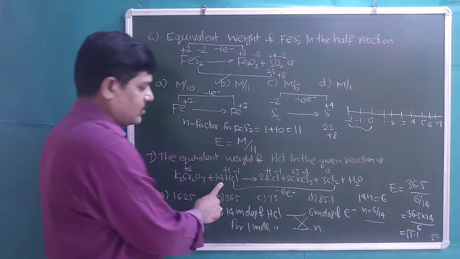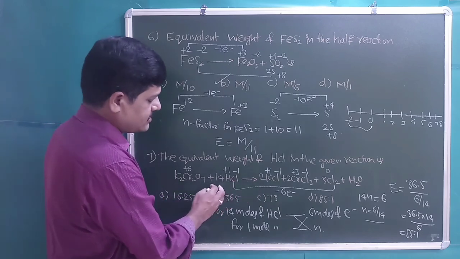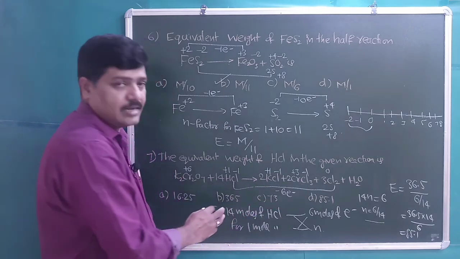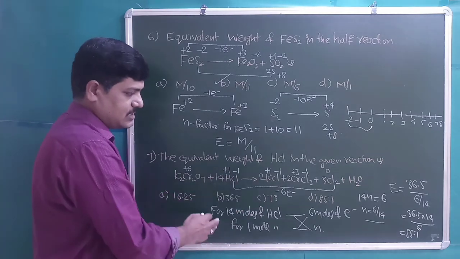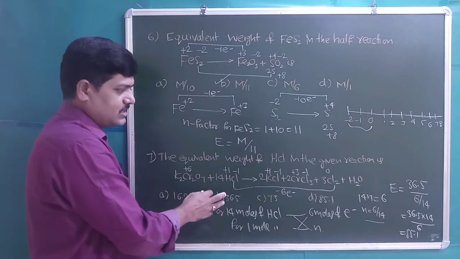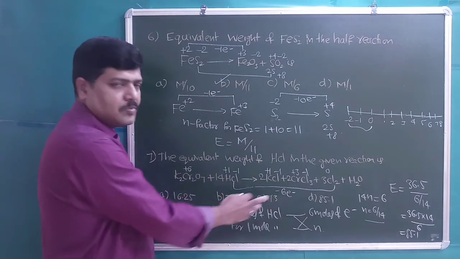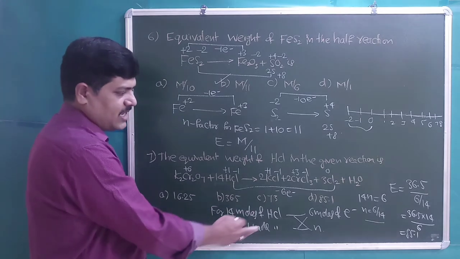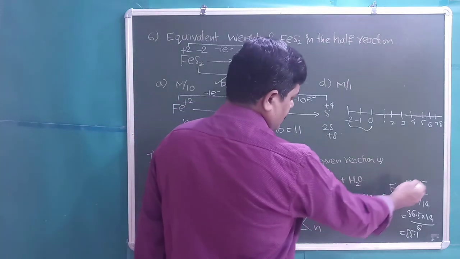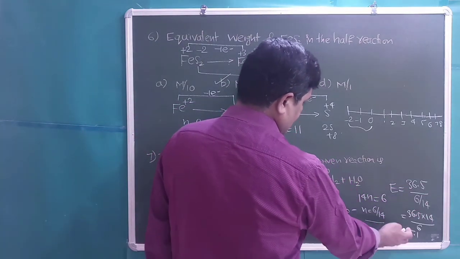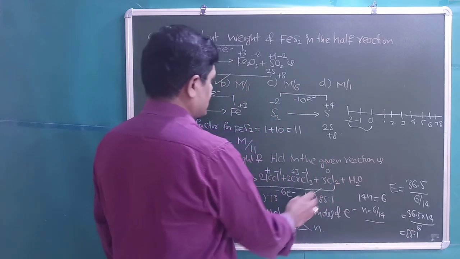Even though there are 14 Cl minus ions, only for 6 Cl minus is there a change in oxidation state. For the other 8 there is no change. Then for 14 moles, 6 moles of electrons are lost. For 1 mole, the electrons lost is the same as the N factor. So equivalent weight is molecular weight divided by N factor. Then we get the equivalent weight as 85.1, which is given in option D.